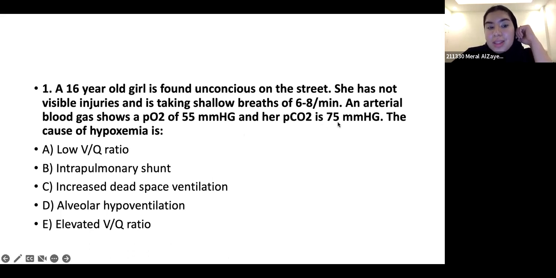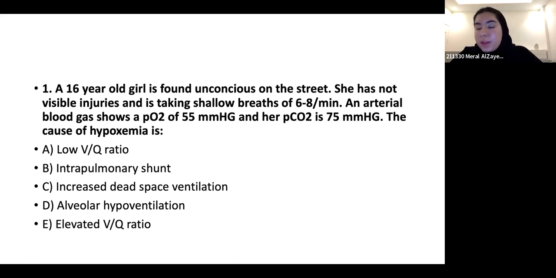So we have low oxygen and high carbon dioxide, okay? And another hint in the question is that the patient is taking shallow breaths of 6 to 8 breaths per minute. What is the normal respiratory rate? I didn't mention this in the lecture, but I don't know if you guys know this or not.